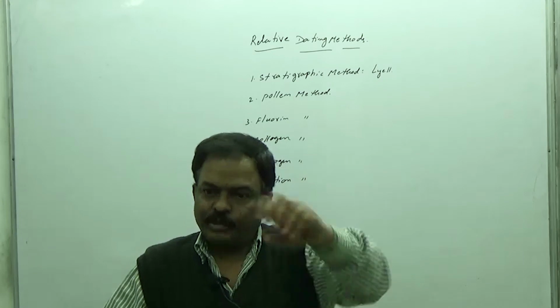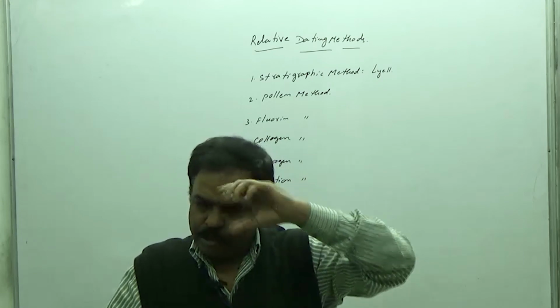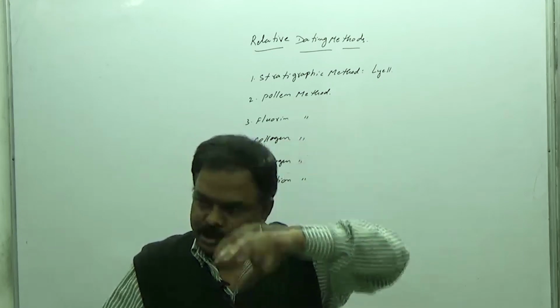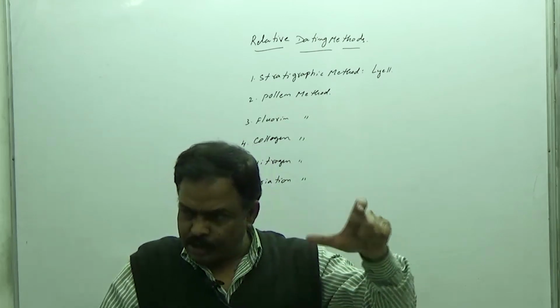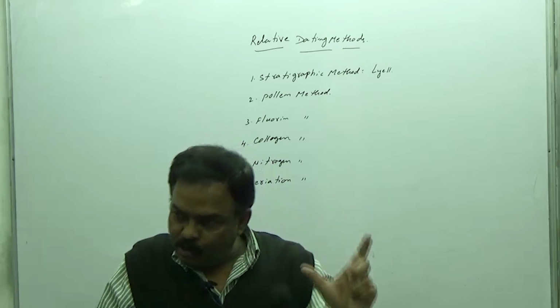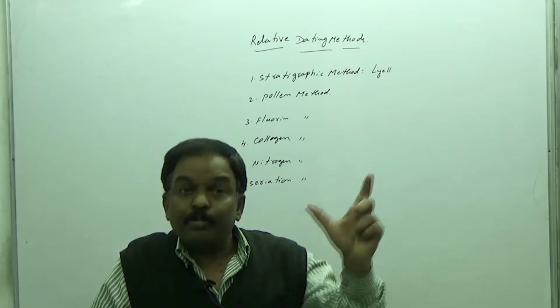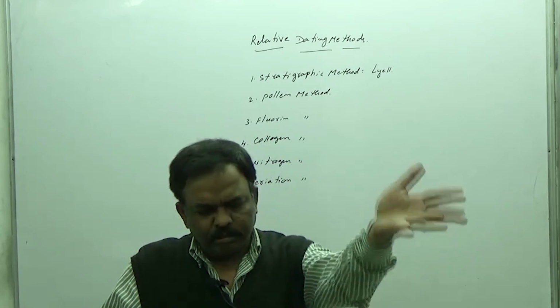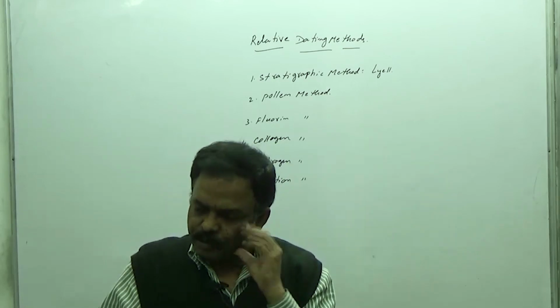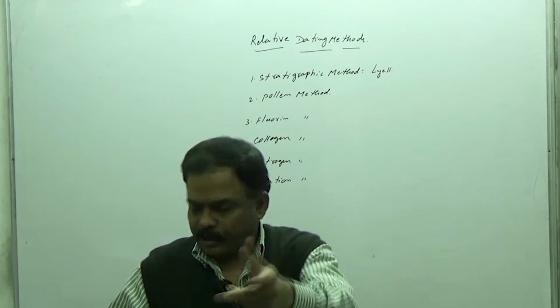Relative dating methods never give absolute data, but they give approximate data related to the age of that fossil or monument. Write that first.